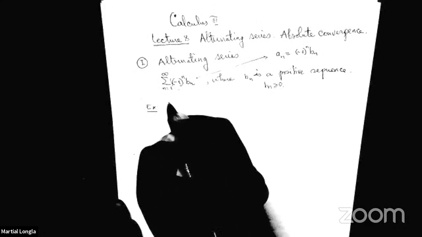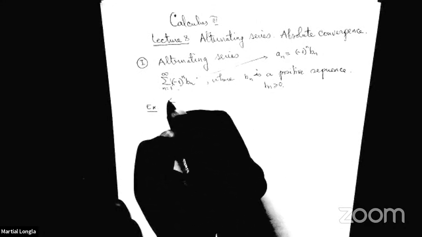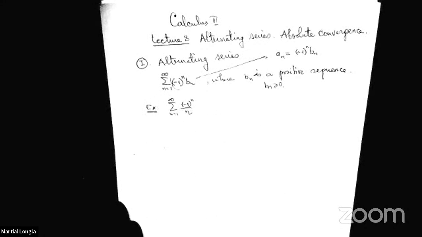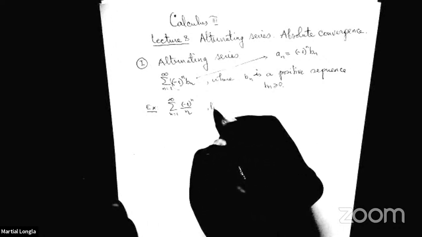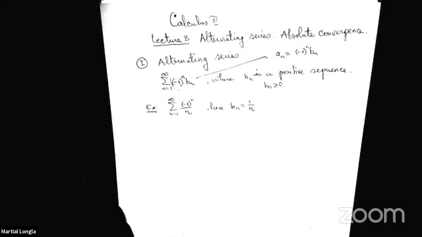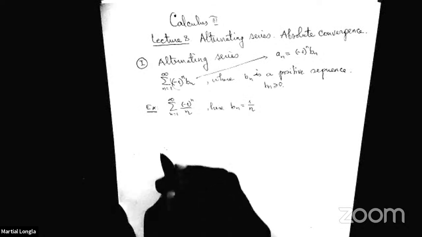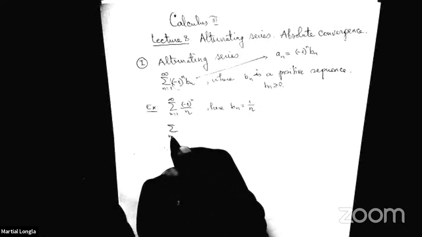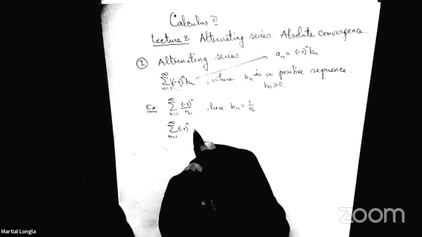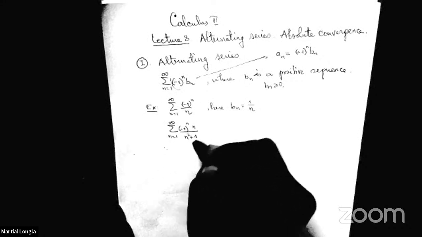The example: sum n from 1 to infinity of (-1)^n over n, for example. In this case, b_n is 1 over n. Another: sum n from 1 to infinity of (-1)^n over n squared plus 1.